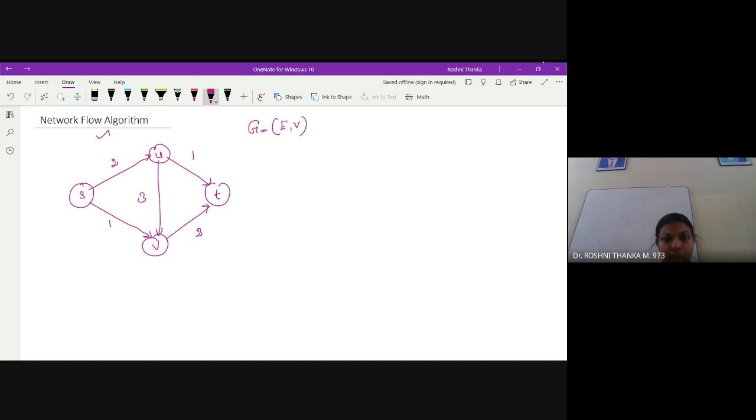Here I am able to send a volume of 2 data. Here this is also a pipe, through which I am able to send a volume of 1 data. Through this way I am able to send a volume of 3 amount of data. That is what these numbers specify on these edges.